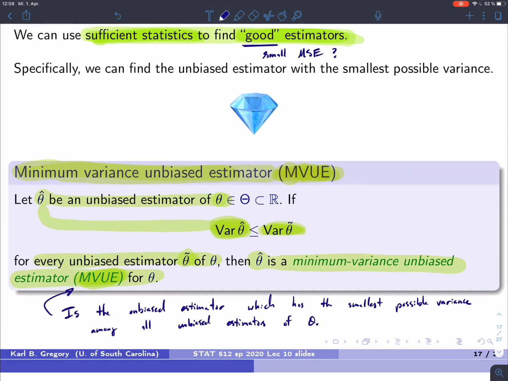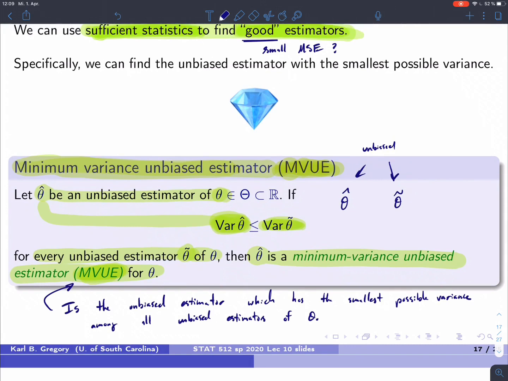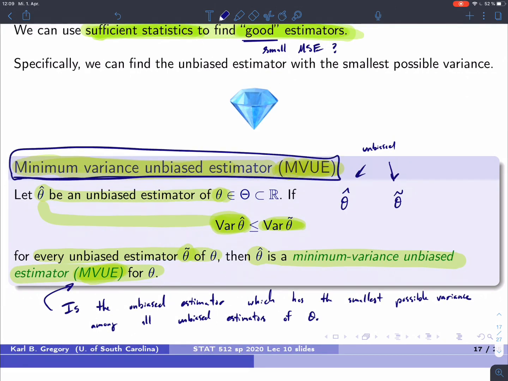Okay, so if theta hat is unbiased and theta tilde is unbiased, so if they're both unbiased, then I'm going to take the one with smaller variance. So the name we give to such an estimator that's unbiased and has the smallest possible variance is the minimum variance unbiased estimator. So that's just a definition.